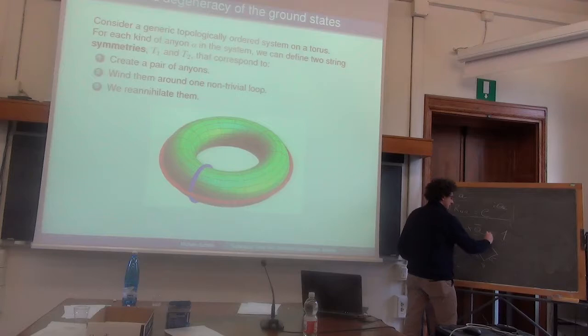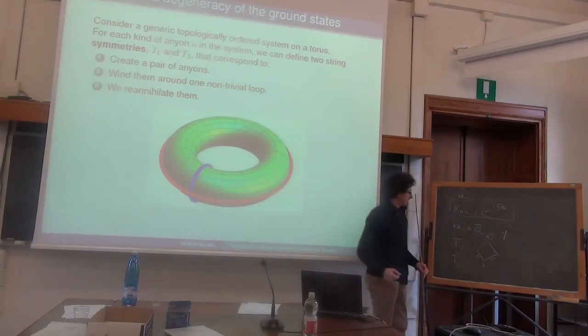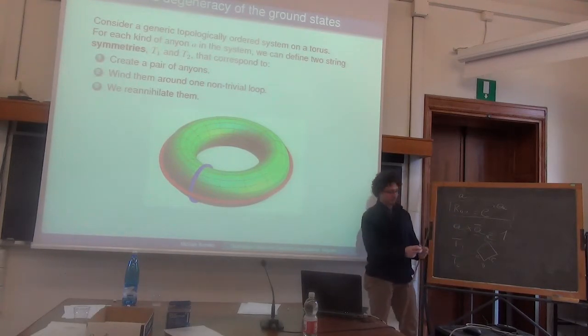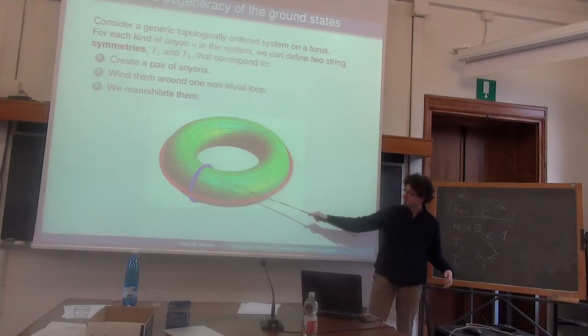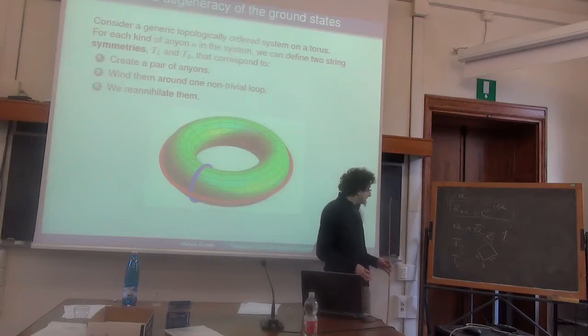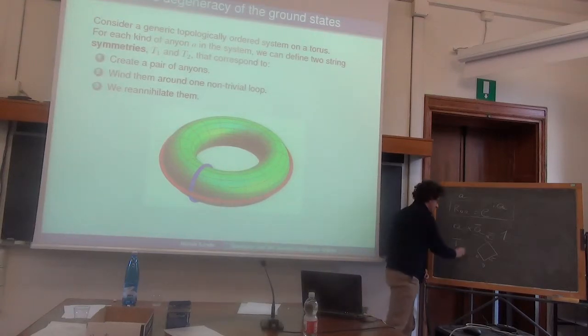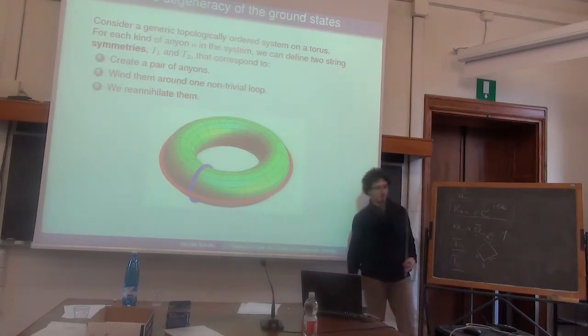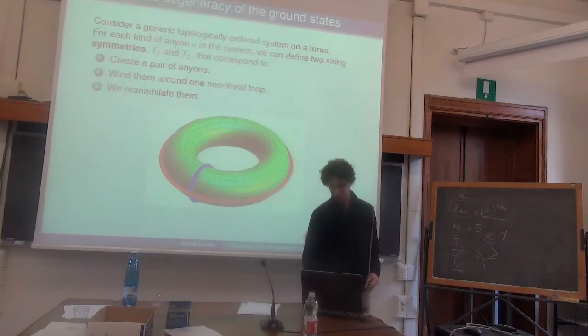I end in the vacuum where the energy is 0, and however I moved this pair excitation from one side to the other in a non-trivial way, because I'm winding the non-trivial cycle of the torus. This may be applied to both the non-trivial loops in the torus.